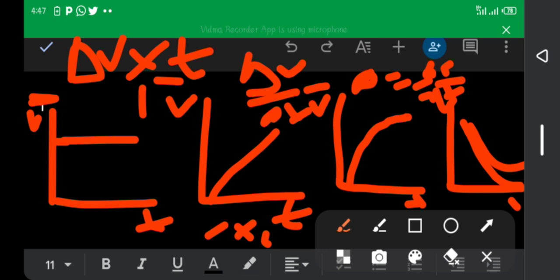Now let's interpret each of these graphs before we move to the last one, which is the acceleration. It's also very important to note that the graph that gives the most details is the velocity time graph.